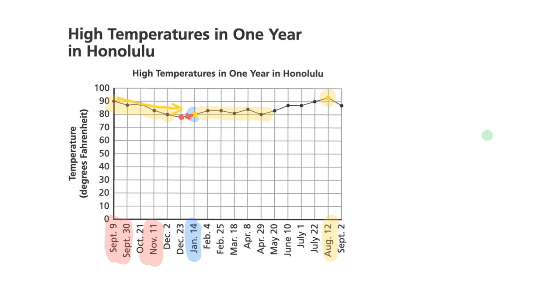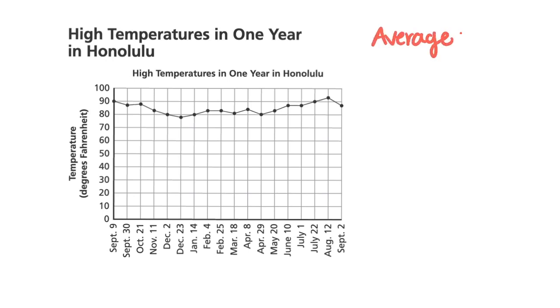Let's look at the second one. Okay, the second description says the temperatures in Honolulu vary little throughout the year. So they don't change very much. The average monthly high temperature ranges between 80 and 90 degrees.